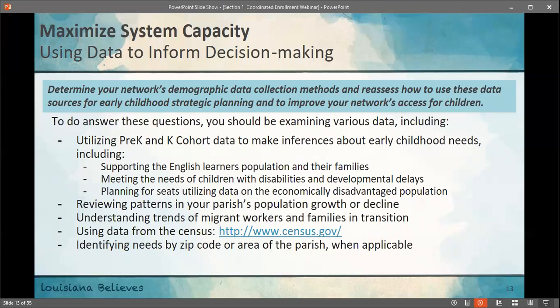These data can also help networks plan for seats for the economically disadvantaged populations in your network too. Even learning about how your parish population, the growth and decline, can help you with the planning process for early childhood.